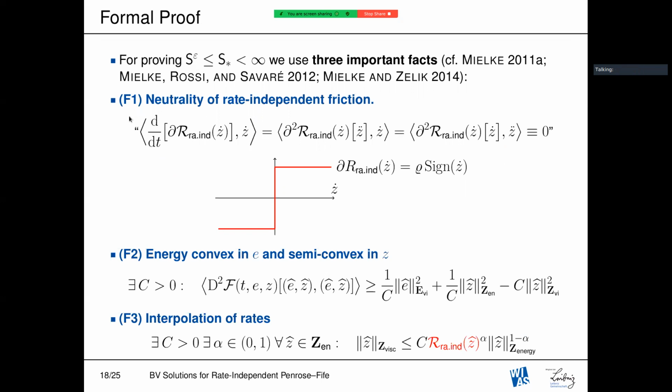So the first good news is that the activation of the phase transformation we introduced by this rate-independent dissipation potential is actually not visible at all, because if we differentiate the equation we have for z in time and then test it by z dot, this is of course given by the second derivative, and this is in quotation marks.